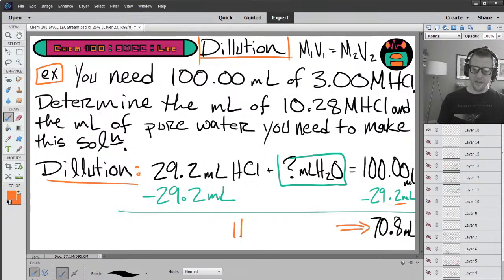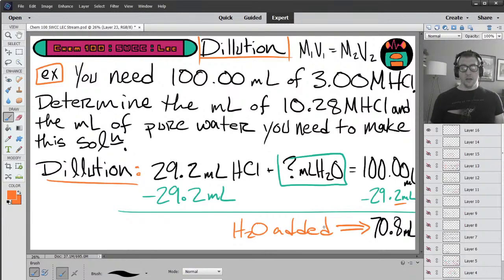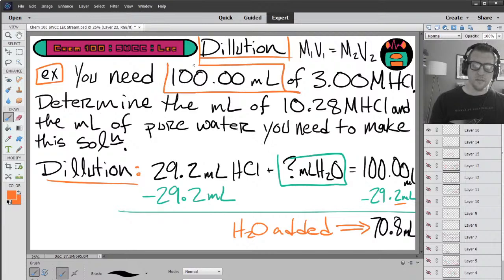This is the water added. Because we know the water added and that initial volume of HCl have to add together to our total volume of 100 milliliters.